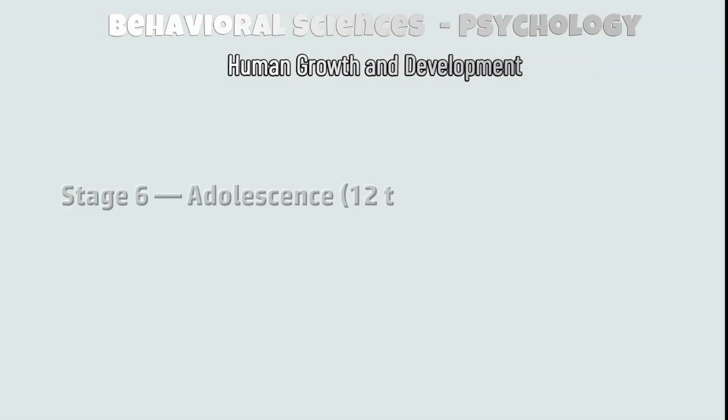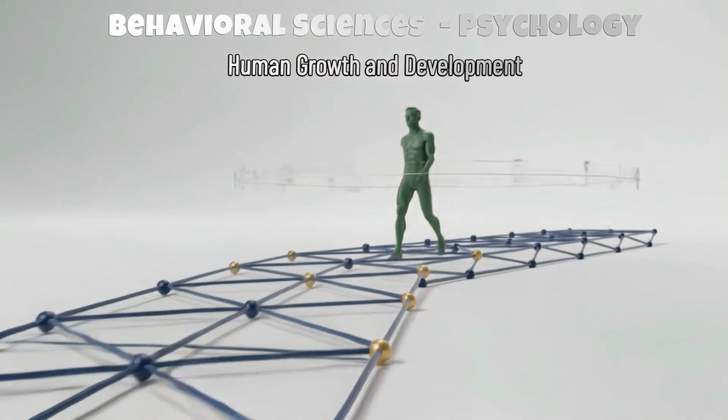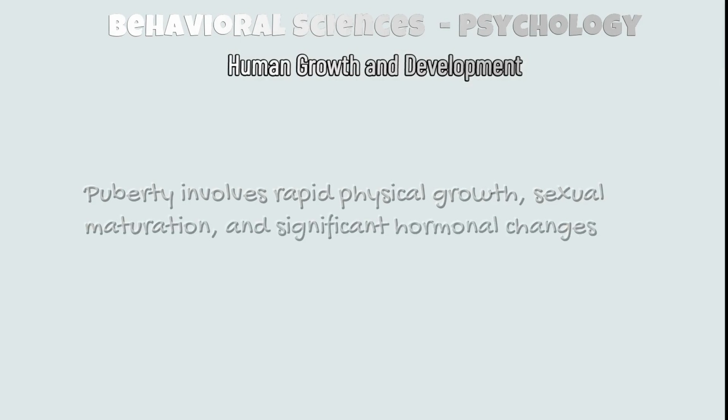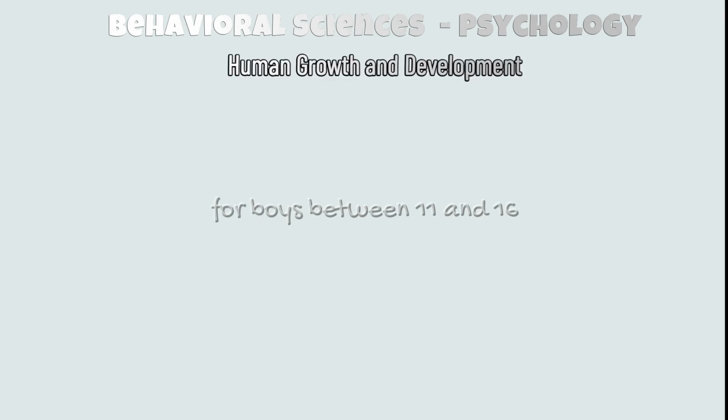Stage 6, adolescence, 12 to 18 years. Adolescence is one of the most dramatic stages of development, marked by puberty. Puberty involves rapid physical growth, sexual maturation, and significant hormonal changes. For girls, puberty typically begins between ages 10 and 14, and for boys, between 11 and 16.